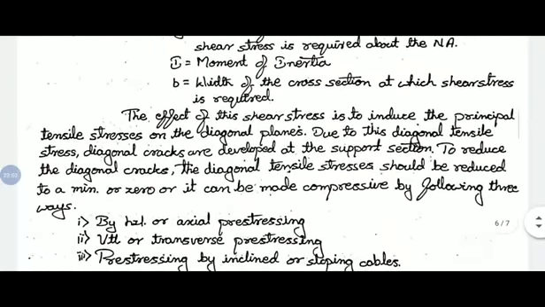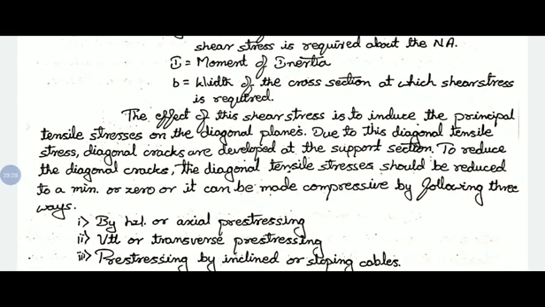As we discussed earlier, the principal tensile stress sigma 1 will develop at an angle of 45 degrees to the section. That means it is a diagonal, inclined stress. Because of the diagonal tensile stresses, cracks will develop in the perpendicular direction, so diagonal cracks will develop.